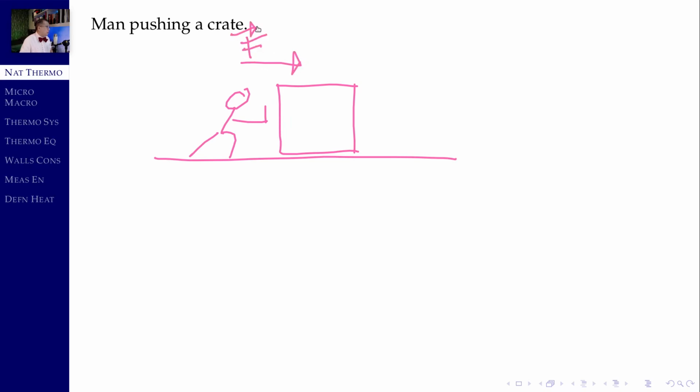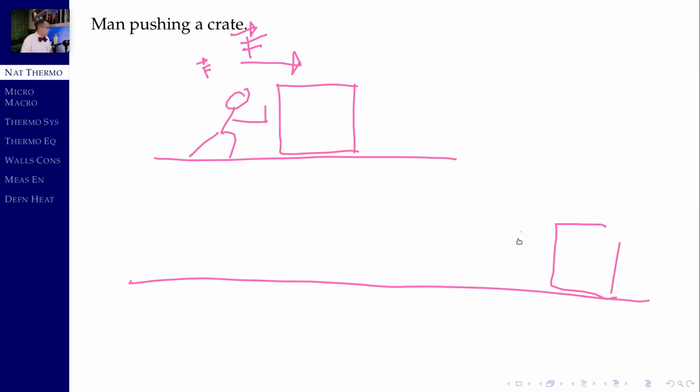That force is an intensive property. If he's a bit weaker, he can put a smaller amount of force. Once he is finished pushing the crate, let's say the crate is here. So, for example, the man is already tired. He has an aching back.